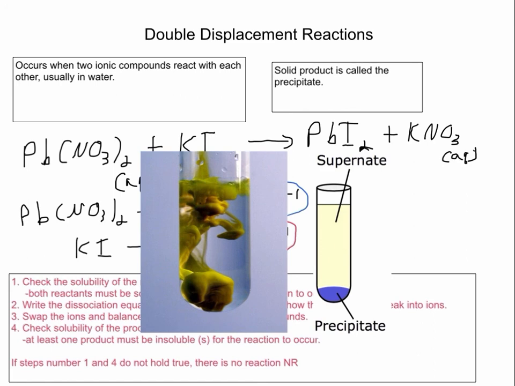So here's a cartoon example, and if you let this sit for a while, all of the solid will end up on the bottom, with all of the remaining dissolved potassium and nitrate ions up in the supernate, or solution above the precipitate.